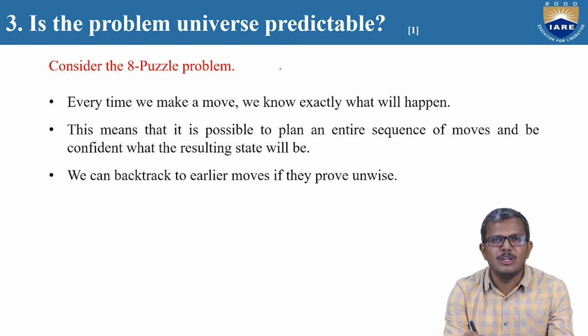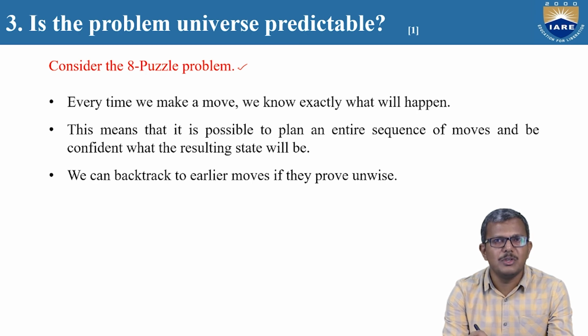So whenever you are trying to solve your problem, can you make an expectation of what the next step will be? If you take the example of the 8 puzzle problem, we can clearly tell what our next step will be. So we can say that it is universe predictable.